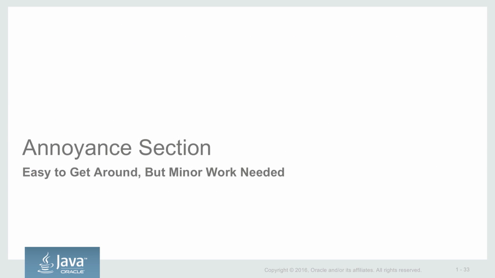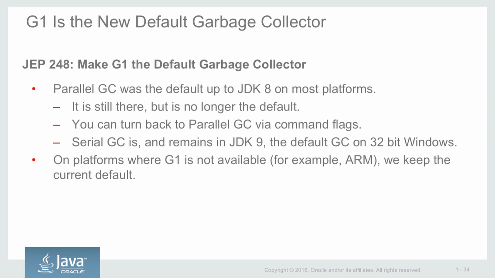Then there's the ones that I call the annoyance section. Easy workaround, right? This is not going to be a big deal. Don't call me if you do have a big deal with this one. But we're changing the default garbage collector. For the platforms that support it, that is not every single platform, G1 is now the default garbage collector. Now, does anybody care about which garbage collector their application uses?